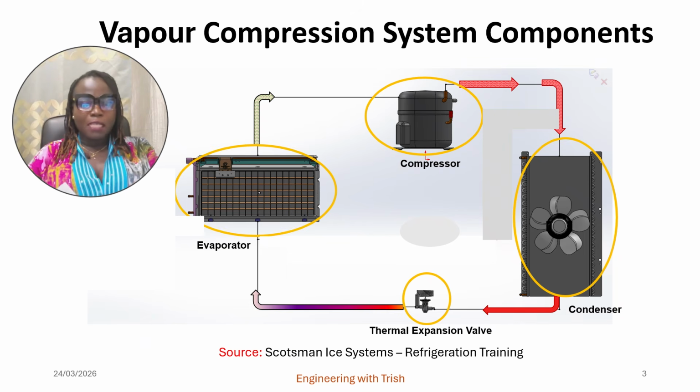I mentioned before that we have two heat exchangers, the evaporator and the condenser, and then we have the compressor and the expansion valve. So these are the four major components of the refrigeration cycle.